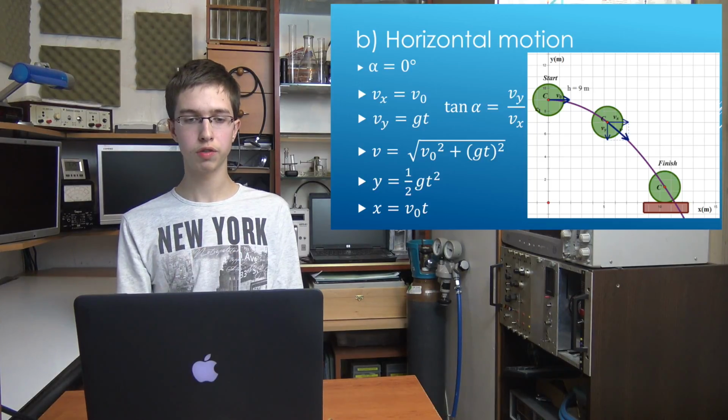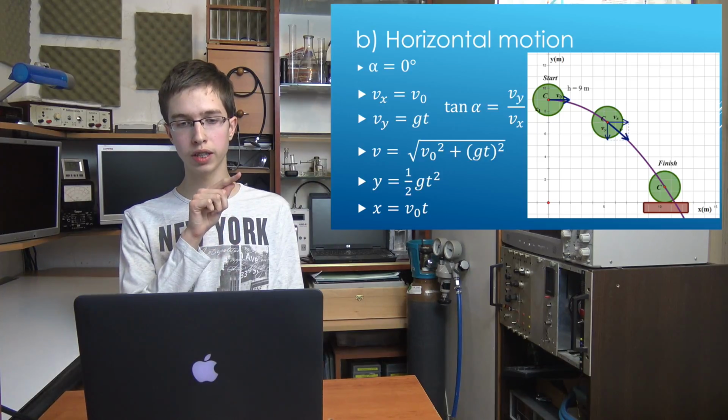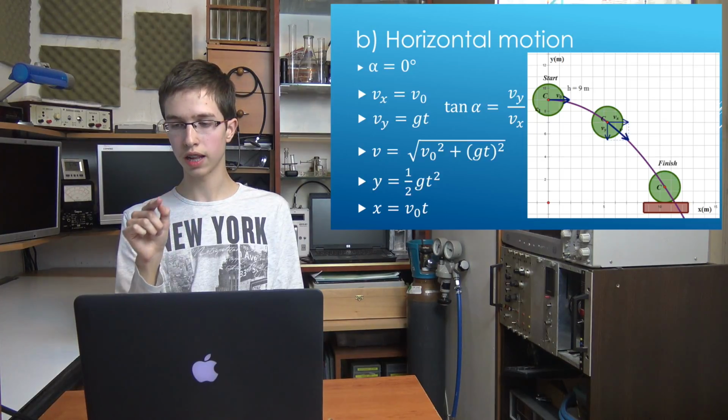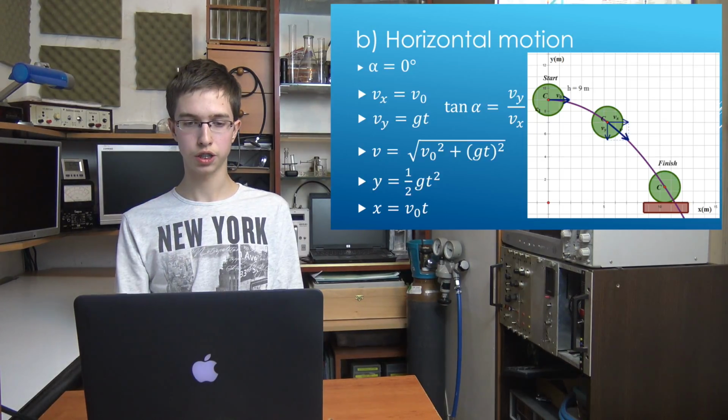And in this picture we can see a body with the initial height of 9 meters and with the initial velocity of v0, which comes down to the finishing point down right.